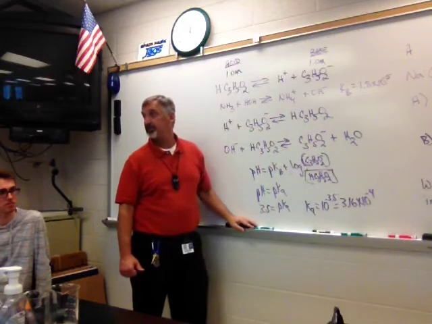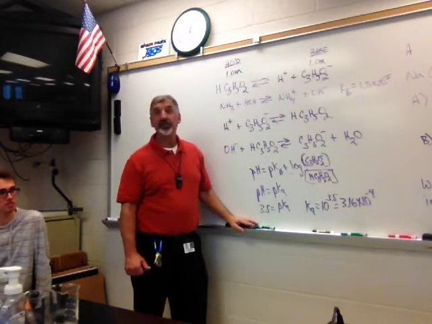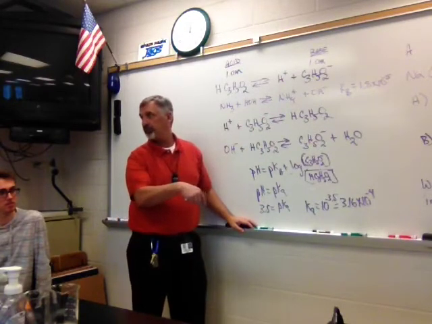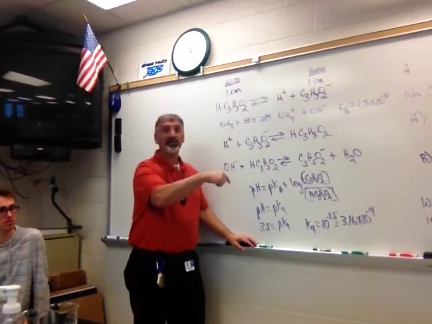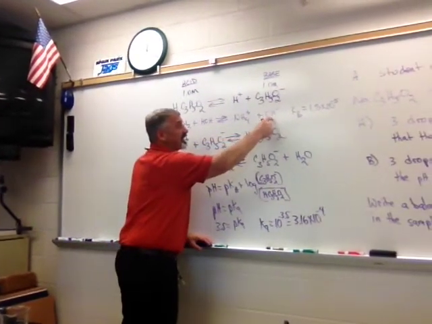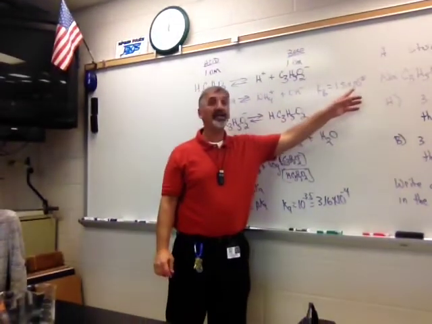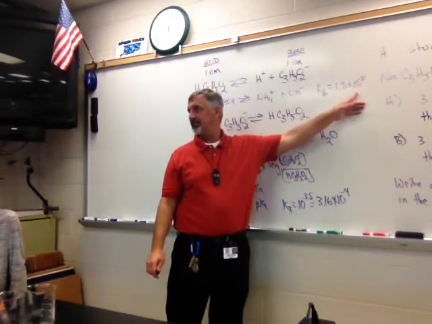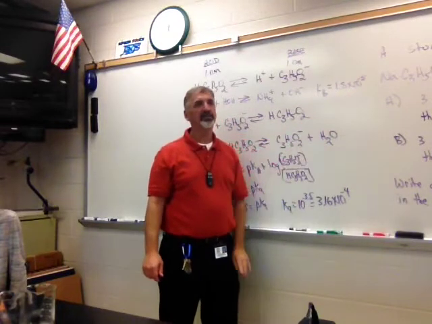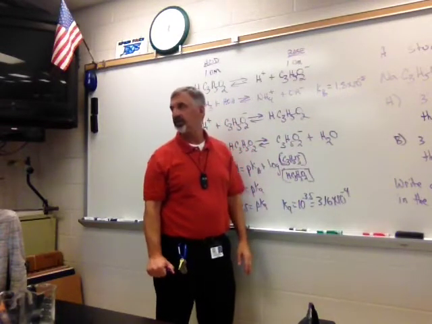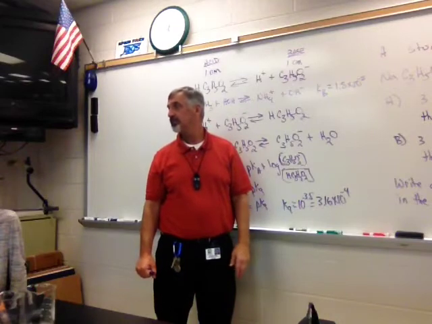I need to add H plus, right? So I need to have the pH go down. As the pH goes down, it's going to react with this. As I add H plus, it's going to push it to the right. So this time, the pH is 9, so any pH less than 9 is going to make it 50-50 or greater.